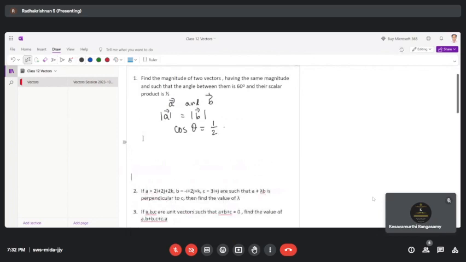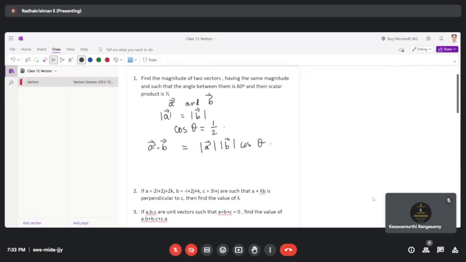Now, this is for the scalar product: A·B = |A||B| cos theta.